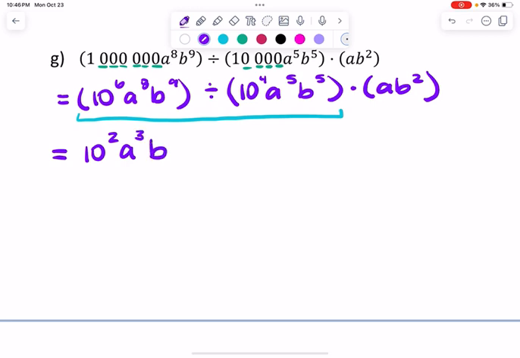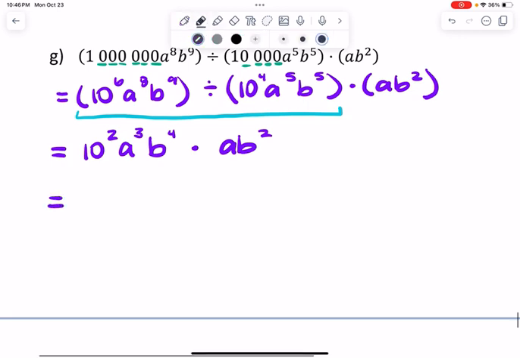And B to the power of 9 minus 5, which is 4. Of course, I still have that times AB squared there. Now, the brackets aren't super necessary because it's just another way to represent multiplication. But I'm doing that next. That's my next step after division, because I always work from left to right if I have interchangeable operations.